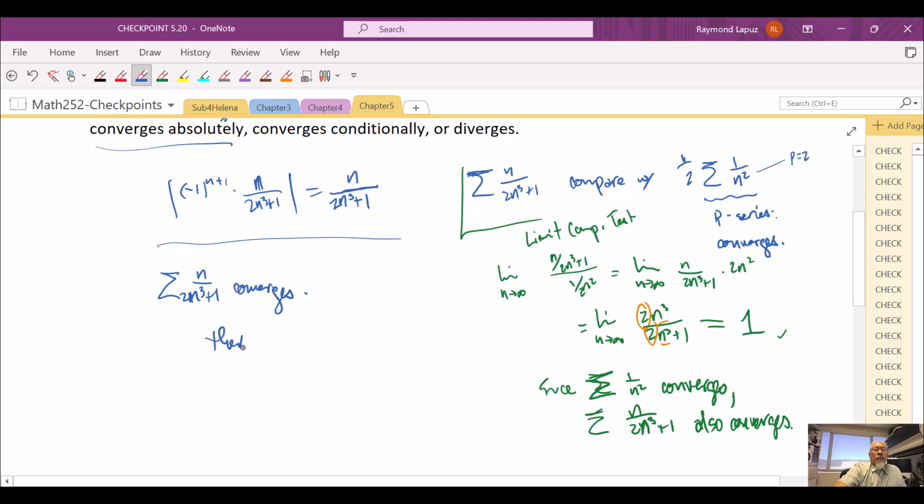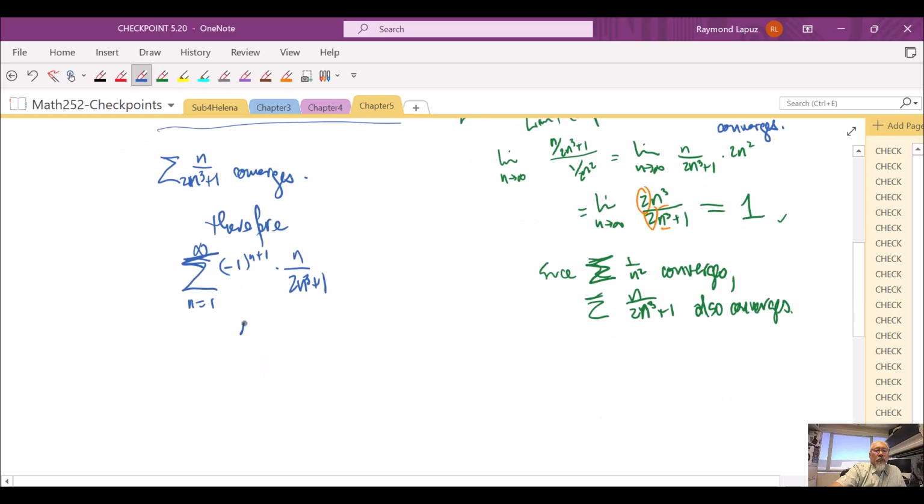Therefore, we can conclude that the alternating series, the sum from 1 to infinity of negative 1 to the n plus 1 times n over 2n cubed plus 1, converges absolutely. Okay, and that's our result. I hope that helps. Good luck.